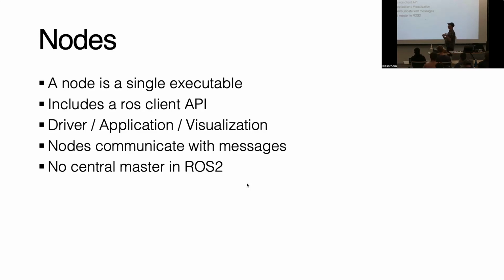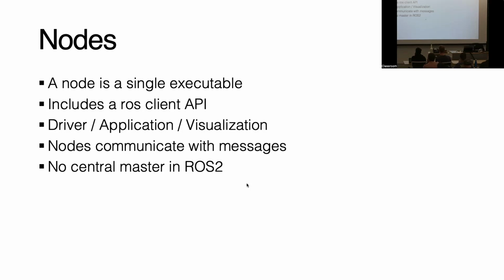Maybe it shows you images or shows you the maps that it's creating or shows you the location of the robot. Or it can be an application that is taking in sensor data and producing maybe a state estimate or an estimate of the location of the robot. Maybe it produces an estimate of the location of all the blocks in the workspace or something like that. That would be an example of an application.